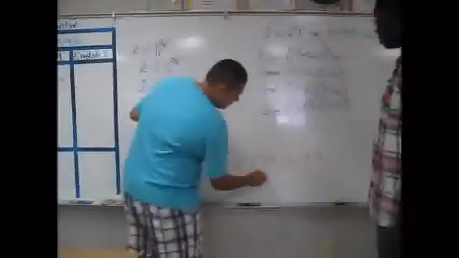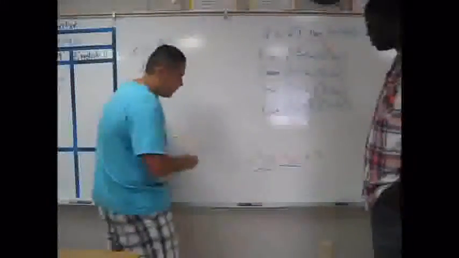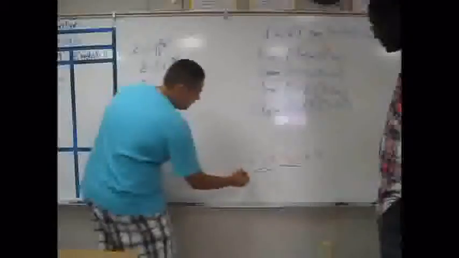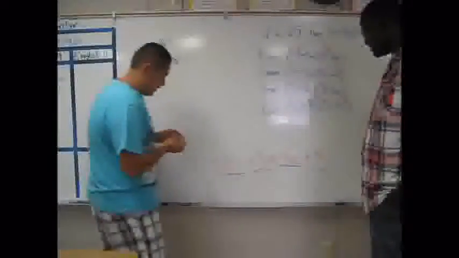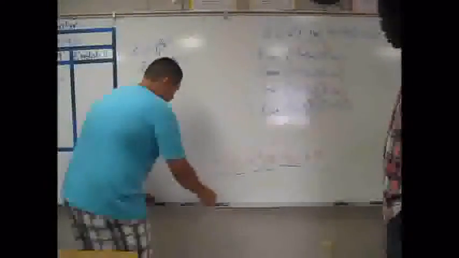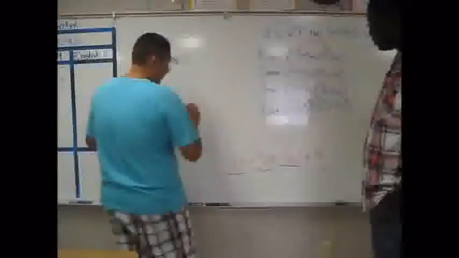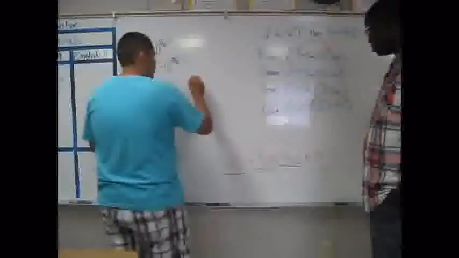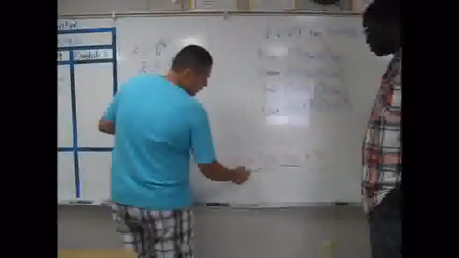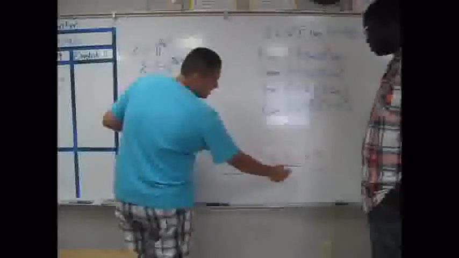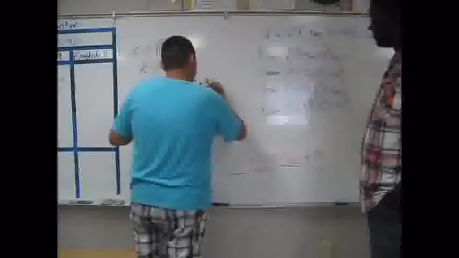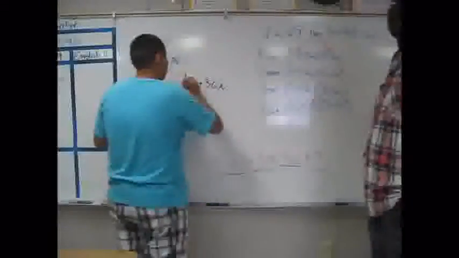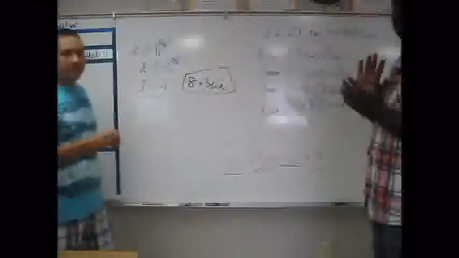Since these two are the i's, we can add those because they're like terms, and we can add these two numbers there. Combine all the like terms, and your final solution is going to be -10 plus 18, which is positive 8, plus 30i plus 6i, 36i, and that's the final answer.